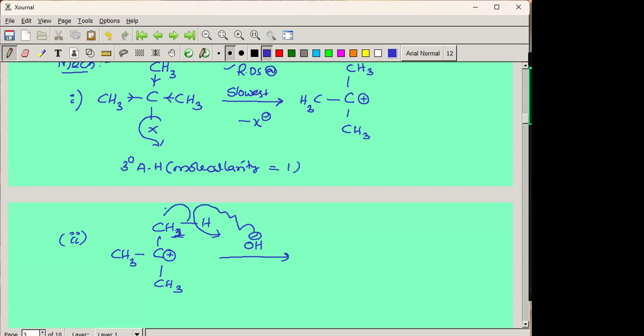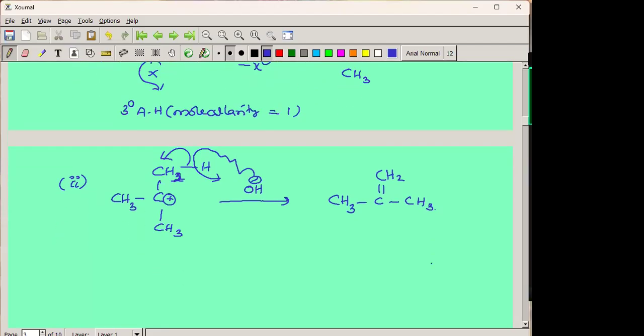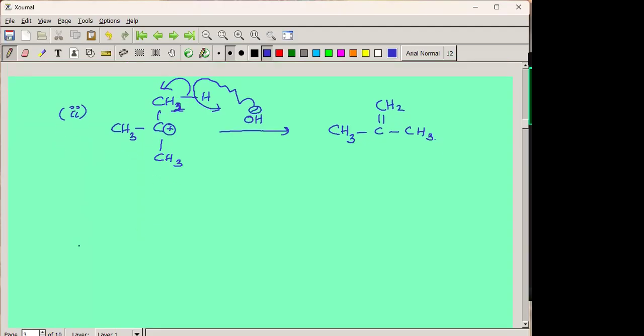So this donates electrons, and this becomes a negative charge, and the negative and positive make a bond between the carbon atoms. That's why we get this molecule. So this is about the E1 elimination reaction.